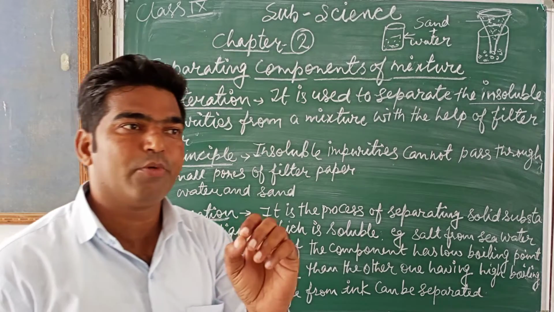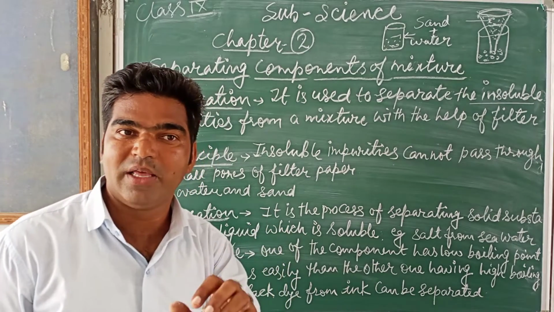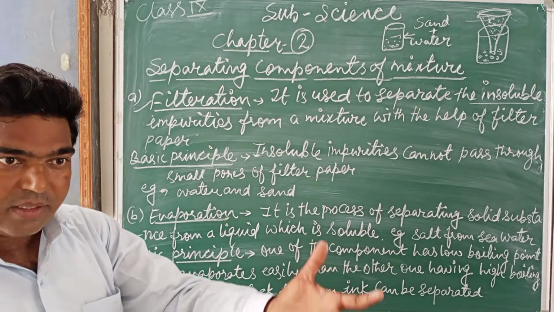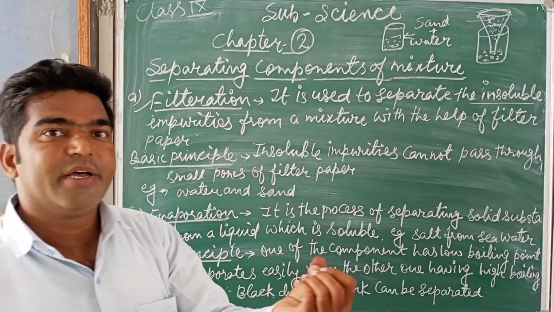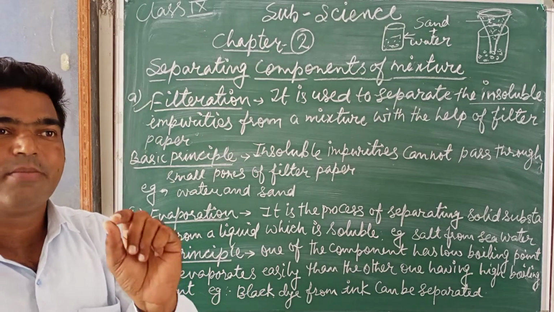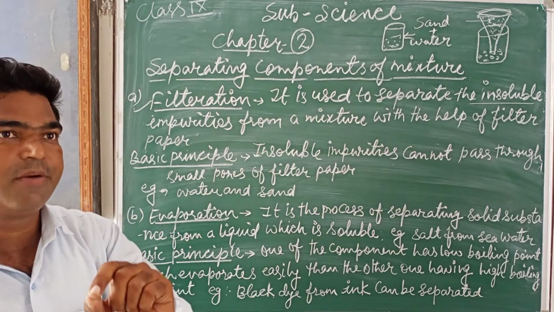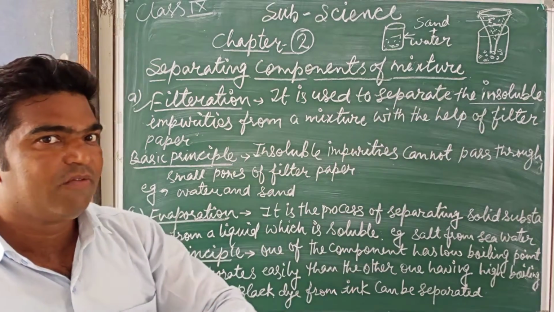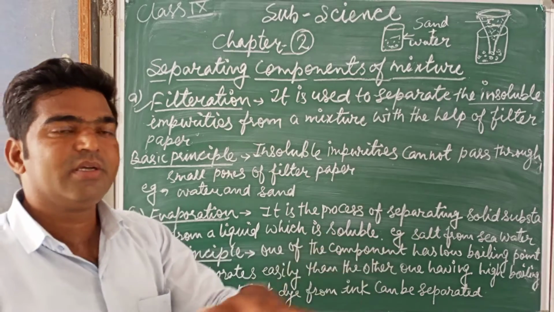The size of the pores in the filter paper is very small compared to the size of the impurities, the sand. The size of the sand is much larger than the filter paper pores, so the sand cannot pass through and remains on the filter paper.